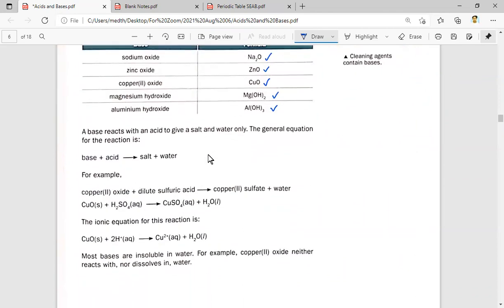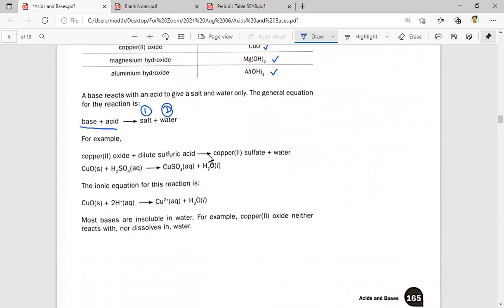So what's the reaction for bases? As mentioned, a base can react with an acid to give salt plus water. So there are two main products here, salt and water itself. Do take note, most bases are insoluble in water.